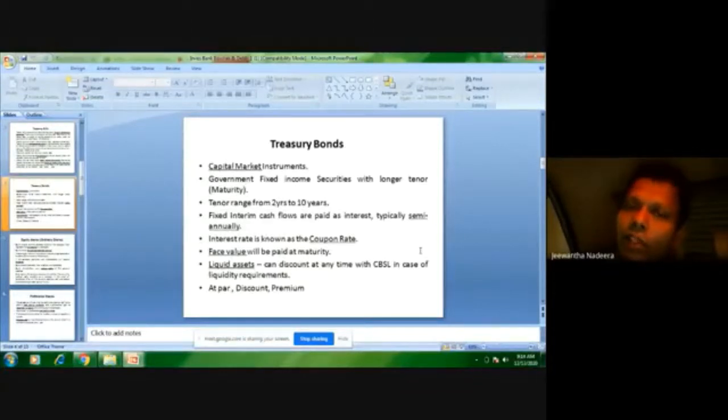Then the treasury bond is also issued by the government, by the central bank on behalf of the government. This is another instrument, a long-term instrument, a capital market instrument. Long term. Generally, we have 2045, which is the highest tenor of treasury bond issues.